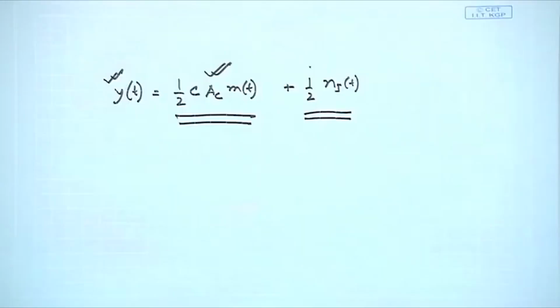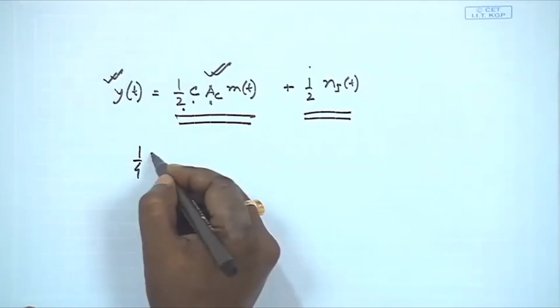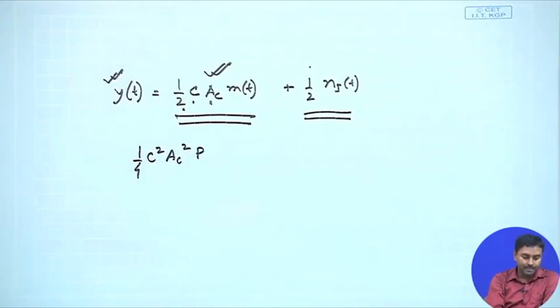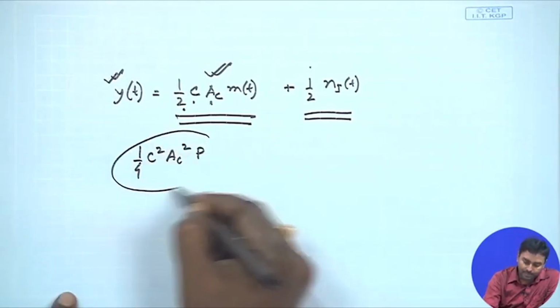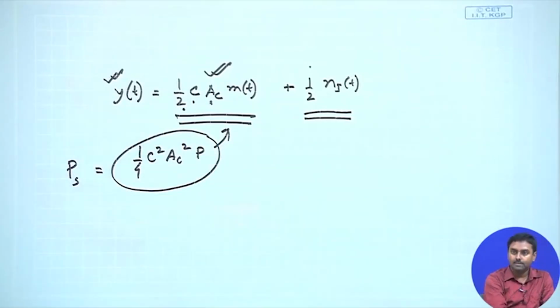So, now let us see how we calculate the signal power. M(t) gives me a power of P, and that is multiplied by Ac and a half. So, if we integrate the power spectral density, I should get 1/4 c square Ac square P. That must be the signal power after demodulation.